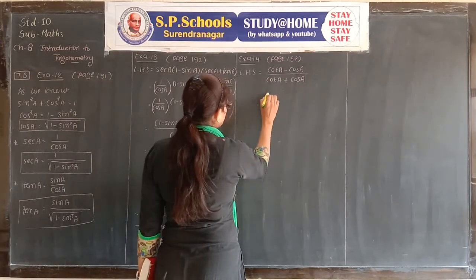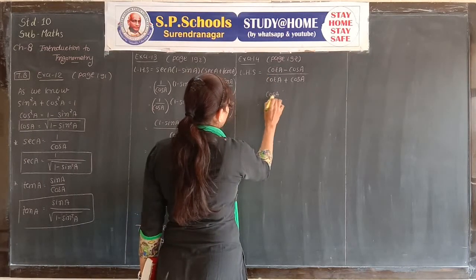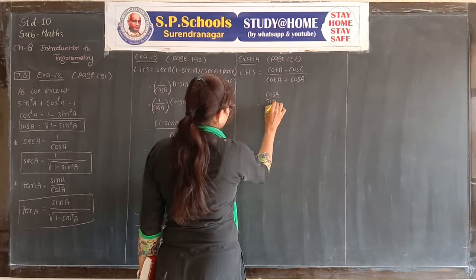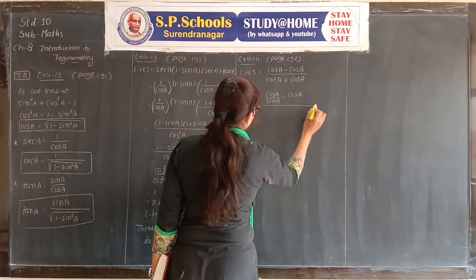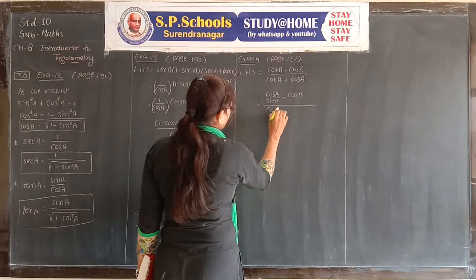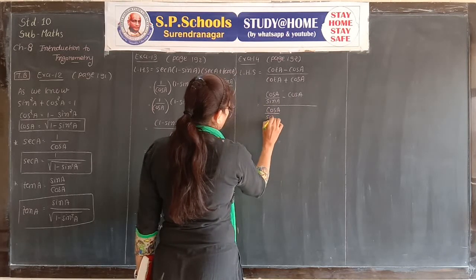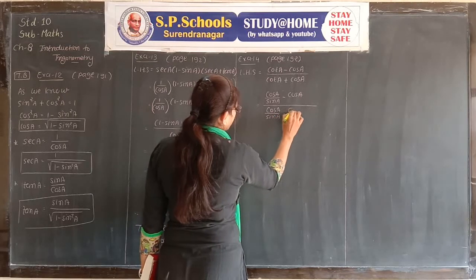Instead of cot, cos A upon sine A minus cos A upon cos A upon sine A minus cos A.